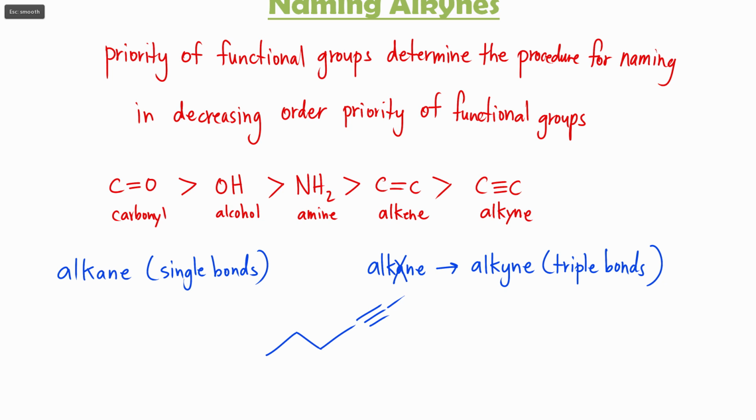Okay, so for example, let's say we have, all right, the procedure is the same. You need to count your longest carbon-carbon chain. So I have 1, 2, 3, 4, 5, 6. All right, so I want to get to the triple bond first. Since that's all I have on this, I want to get to the triple bond first.